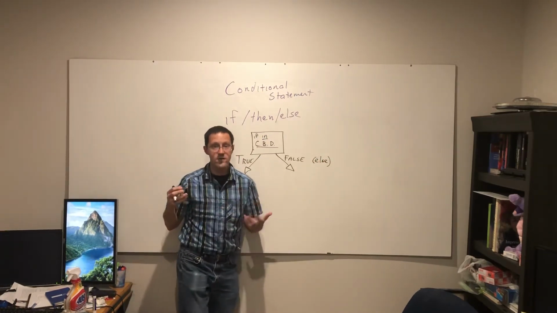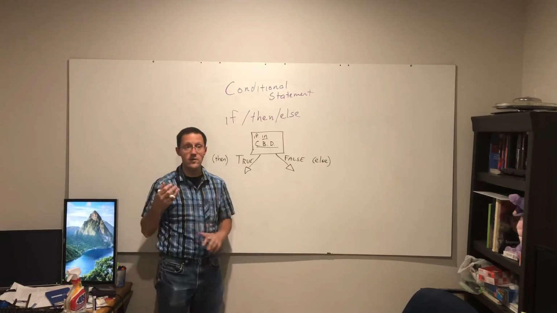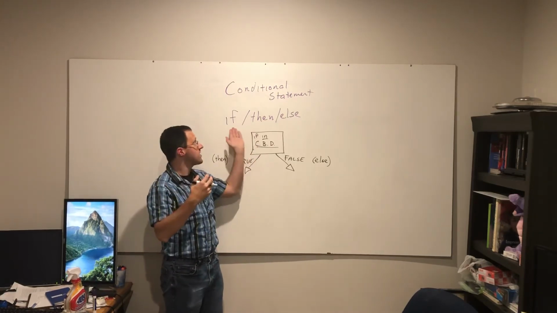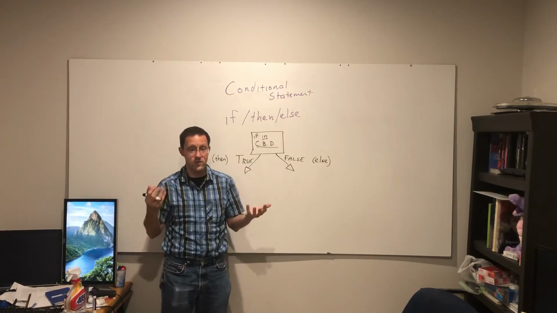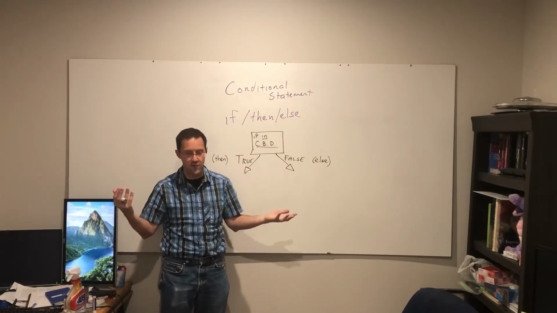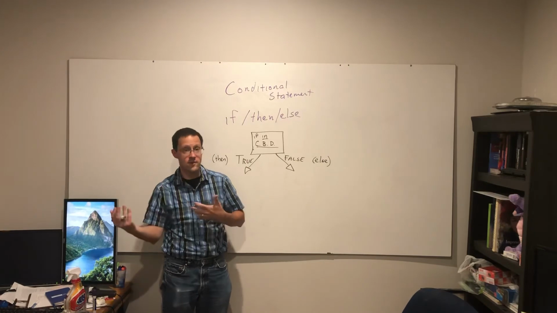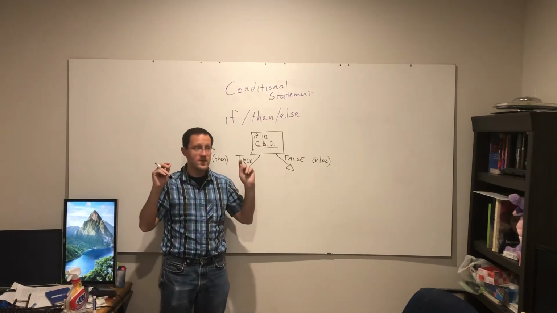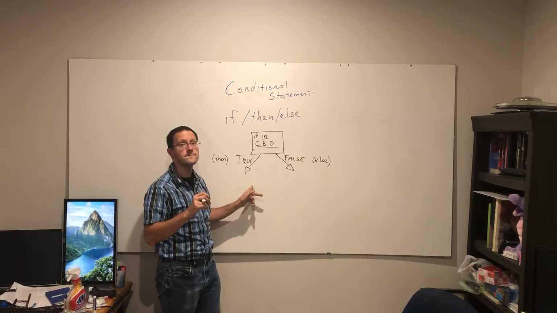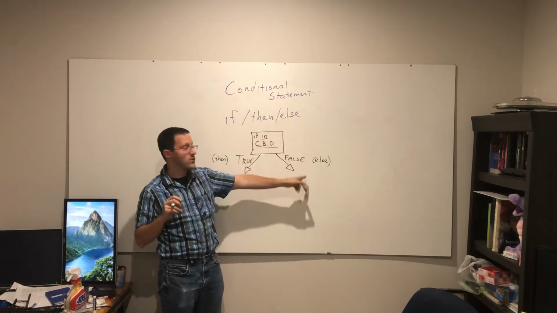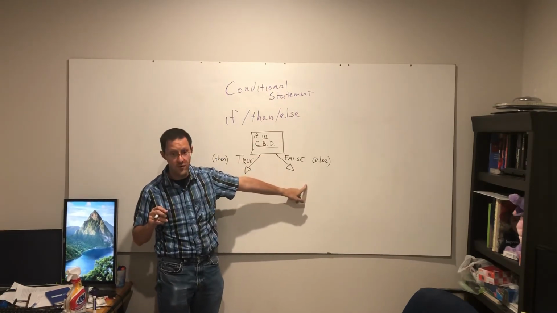In the logic that is often used within computer science, we have this if-then-else phrasing. The if refers to the Boolean expression: if it is true, if it is false. The then represents what you do when it's true. Else represents what you do if it's false.